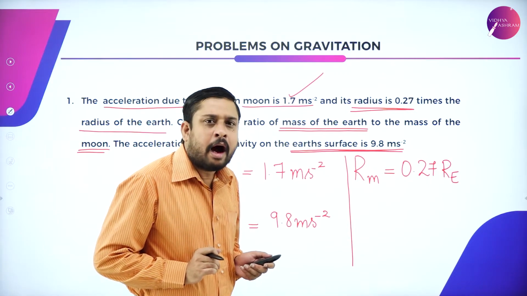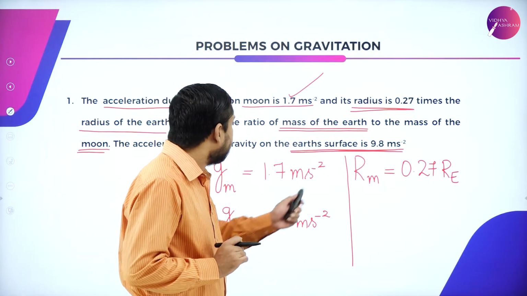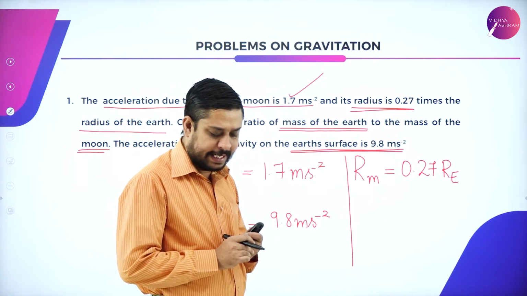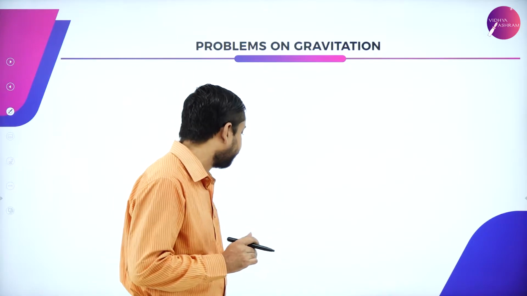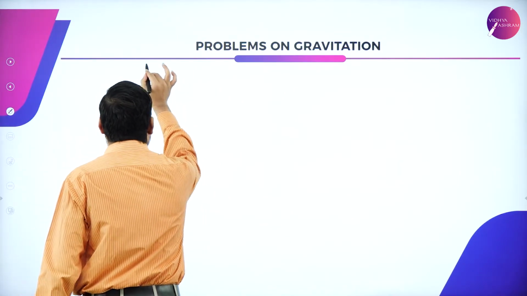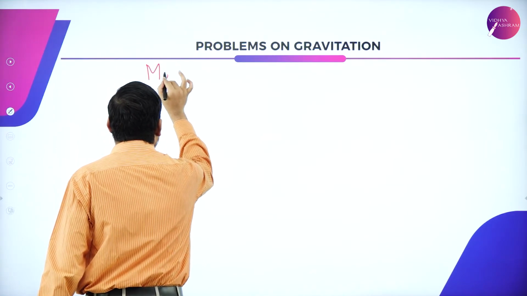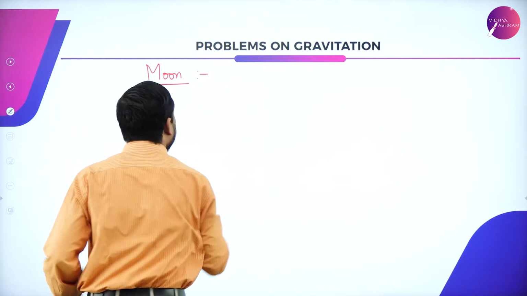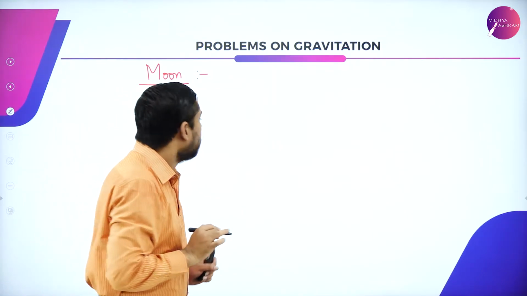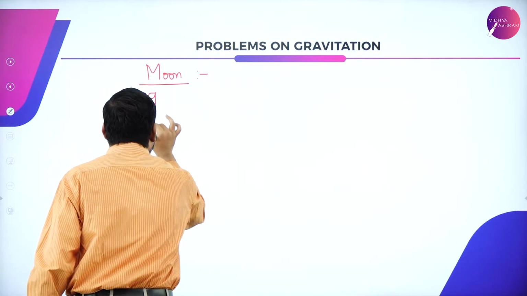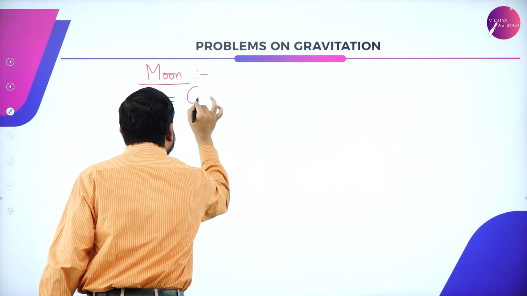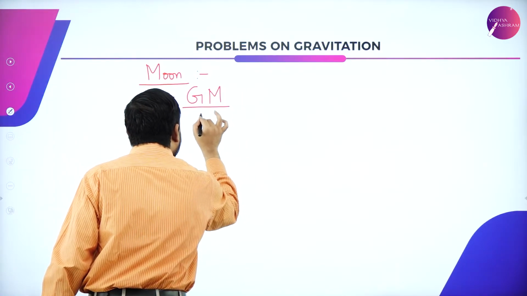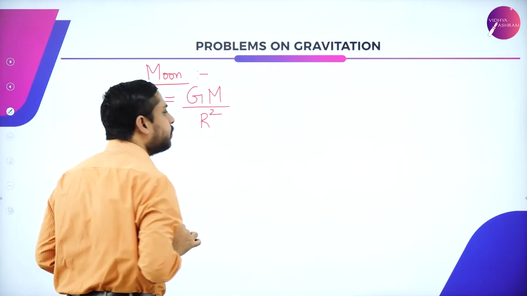Now, how do I express and equate all these relations? Now, I'll consider the surface of the moon. So we know small g is capital G M by r square.